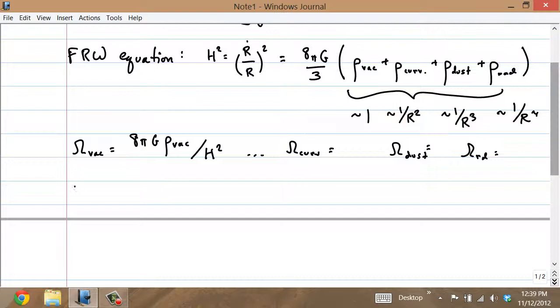And the FRW equation is just the statement that their sum has to be equal to 0. Or, sorry, has to be equal to 1. And the relative values of these omegas tells you at the point in time that you're studying which one of these different types of matter is dominating the evolution of the universe.